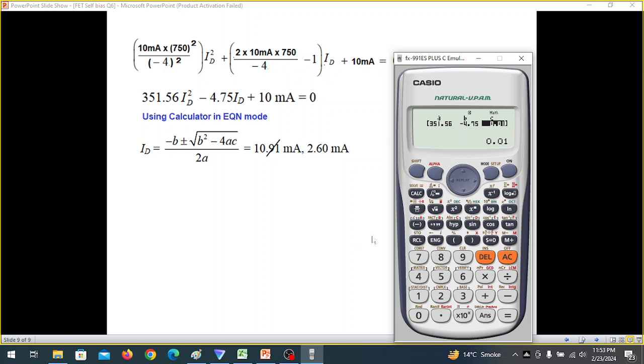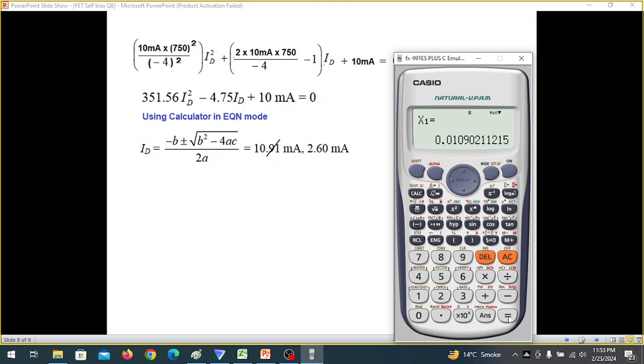Now we'll do the calculation. So shift, solve, and then we press equal. So this is the first value that we are getting, 0.0109, or we can say 109 milliampere, which we are calling x1.